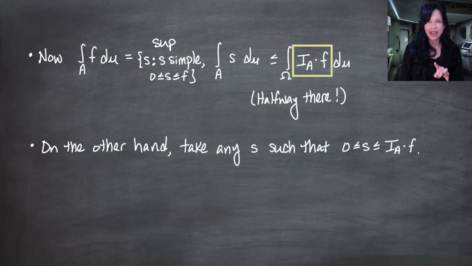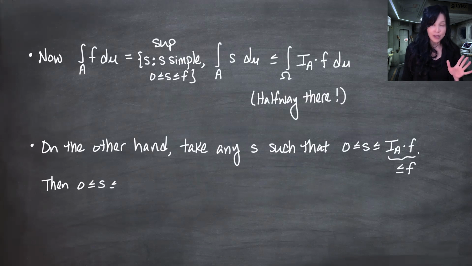Note that the indicator on A times f is always less than or equal to f because this indicator is 0 or 1. So this product here is 0 or f, and that's less than or equal to f. So the s that is trapped between 0 and the indicator times f also happens to be between 0 and f as well.